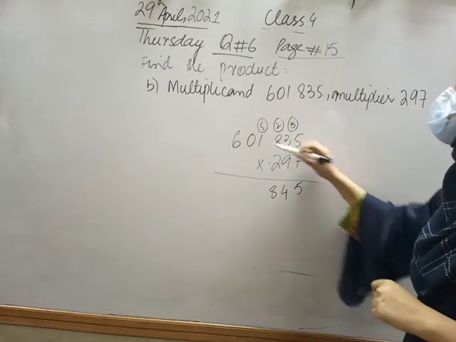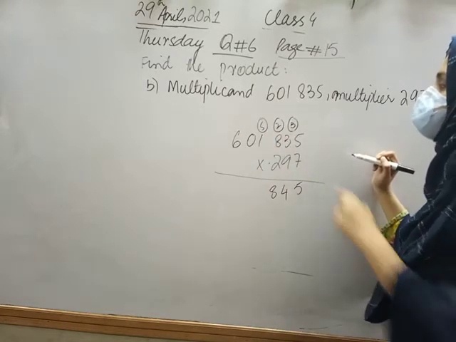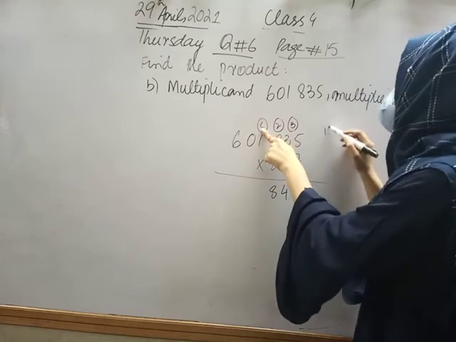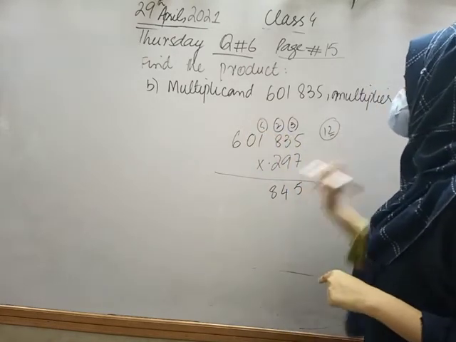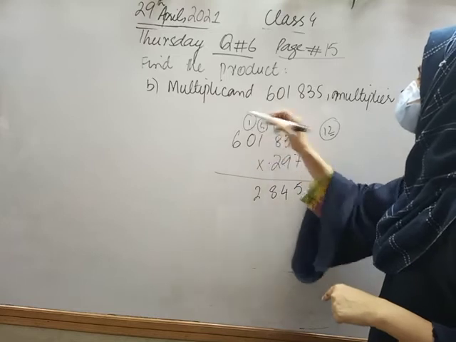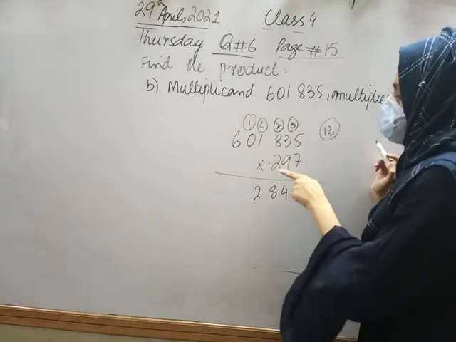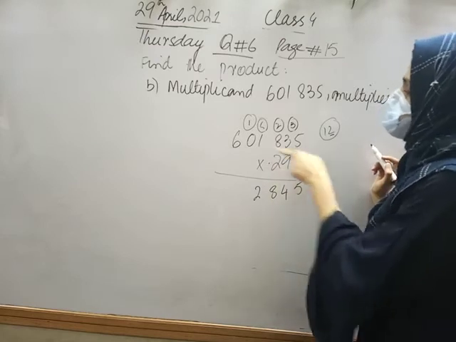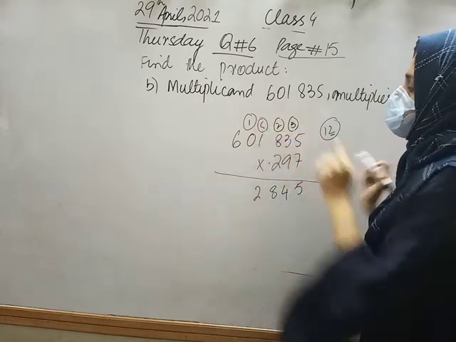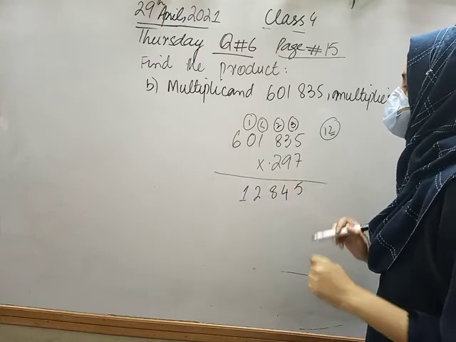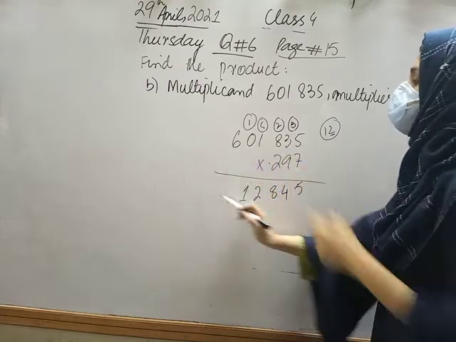Fine, 7 1 times 7, and 7 plus 5 gives 12. So 2 is at the unit place, so I will write 2 below and 1 as a carry. Fine. Next, 7 0 times 0 and 1 as it is. 7 6 times 42.